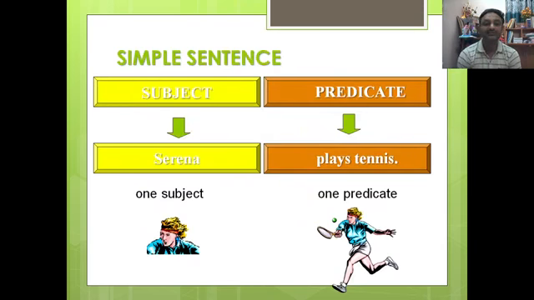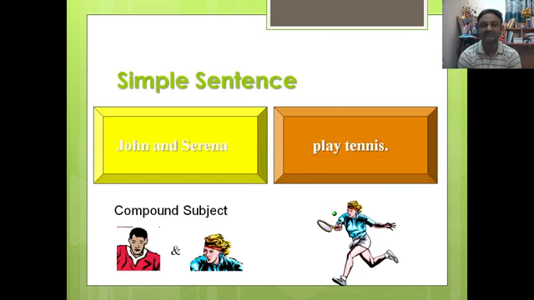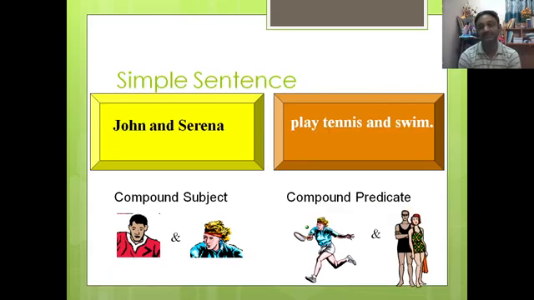So one subject and one predicate, again the subject and predicate is divided. Serena plays tennis. If we join together the compound subject, now the aspect has changed. John and Serena play tennis. Now the compound subject where John and Serena combine together, they play tennis and swim.